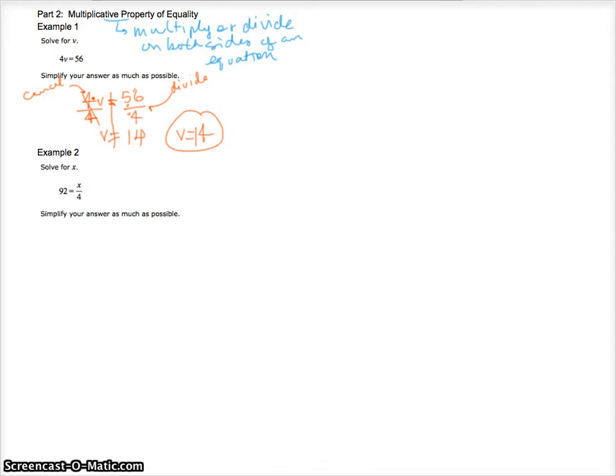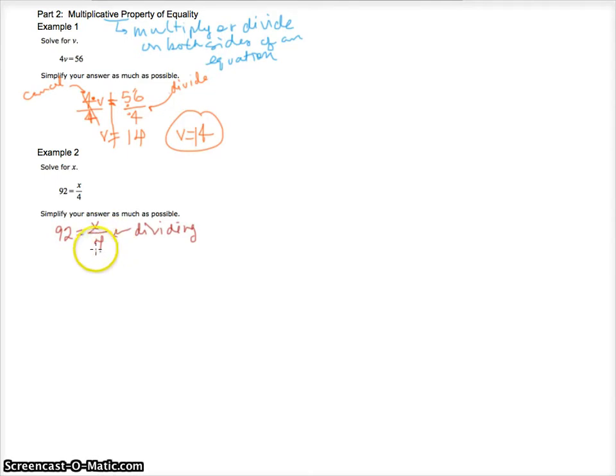Let's look at the next one. Here I've got 92 equals x over 4. So we'll rewrite 92 equals x over 4. Remember that this bar keeps showing up, and it means that we are actually dividing right now. So it means x divided by 4. In order to simplify this, we need to do the opposite of divide, which is multiply.